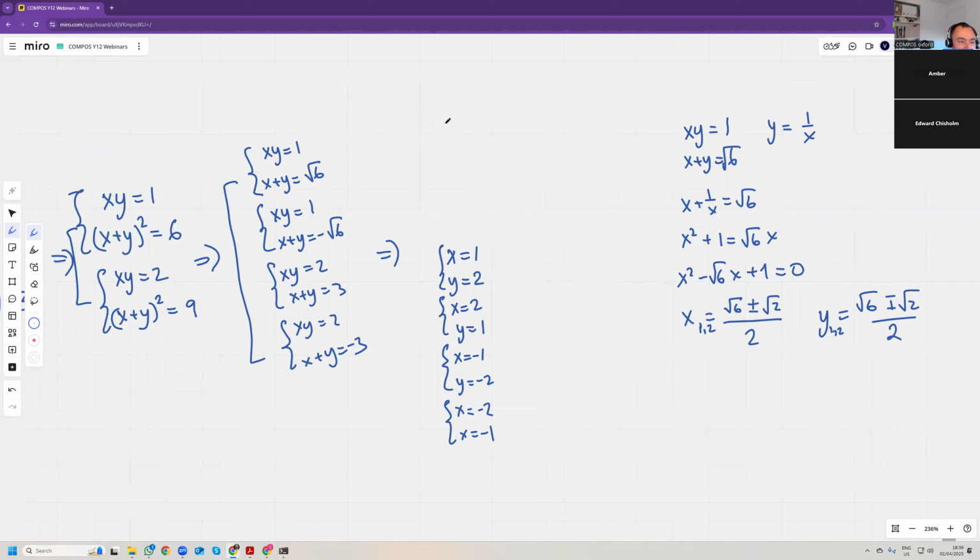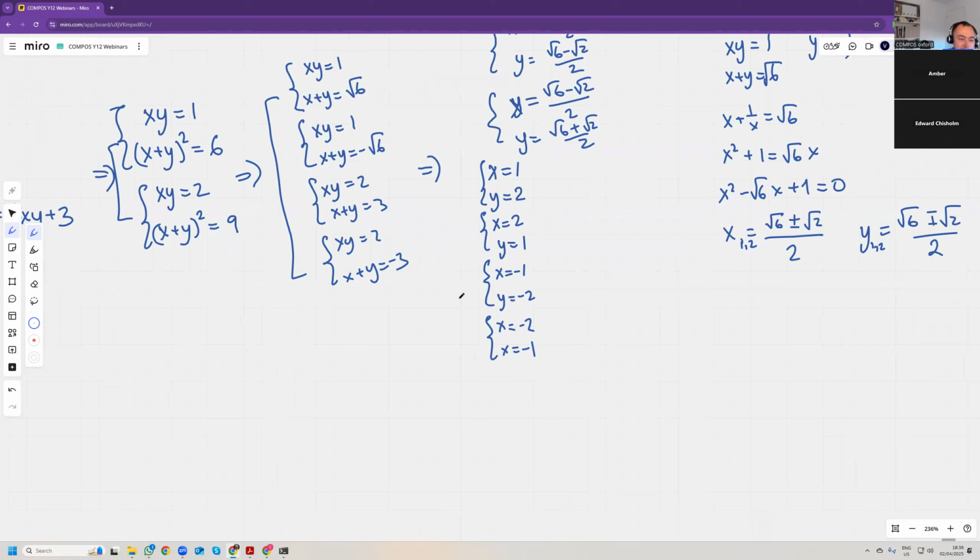So from here we get x equals root 6 plus root 2 over 2, and y is root 6 minus root 2 over 2. We get x equals root 6 minus root 2 over 2, and y is root 6 plus root 2 over 2.